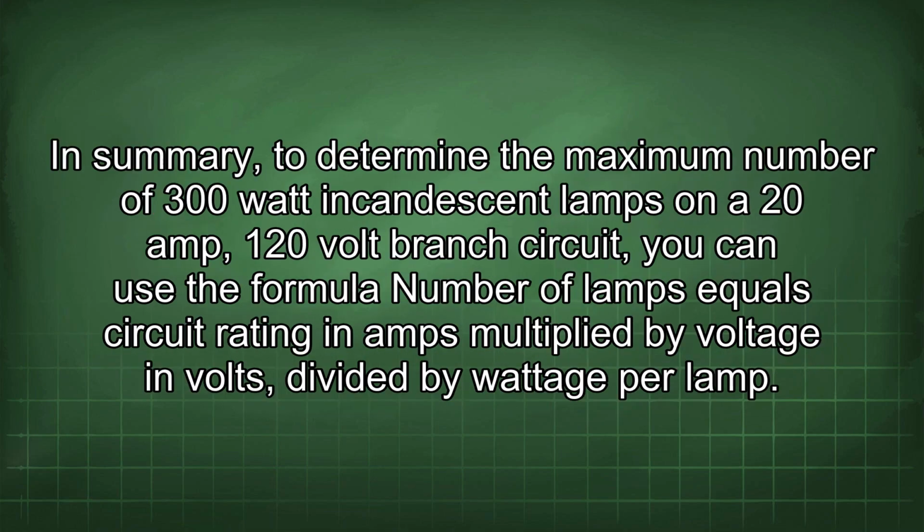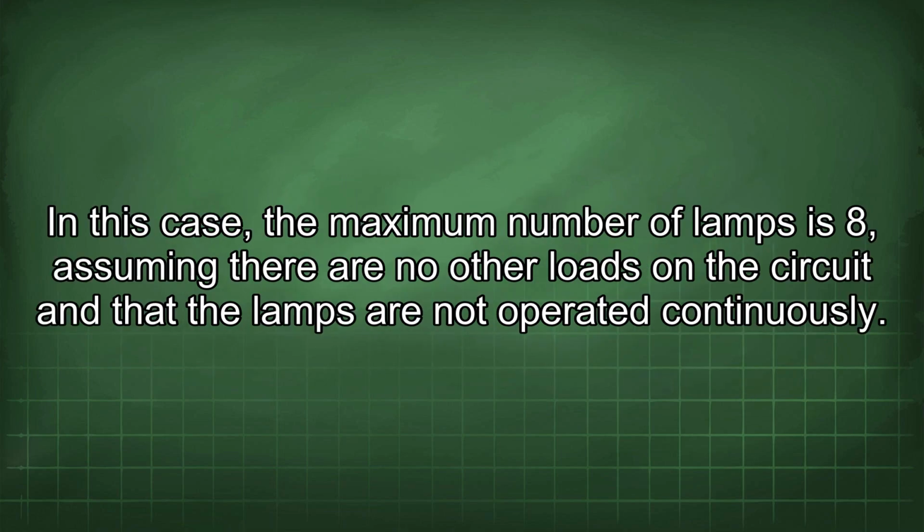In summary, to determine the maximum number of 300-watt incandescent lamps on a 20-amp, 120-volt branch circuit, you can use the formula: number of lamps equals circuit rating in amps multiplied by voltage in volts, divided by wattage per lamp. In this case, the maximum number of lamps is 8, assuming there are no other loads on the circuit and that the lamps are not operated continuously.